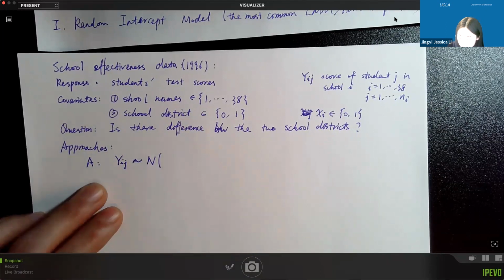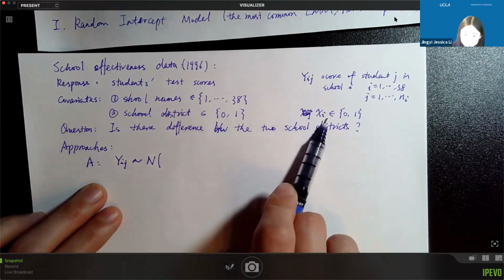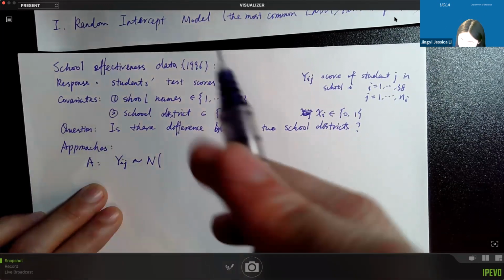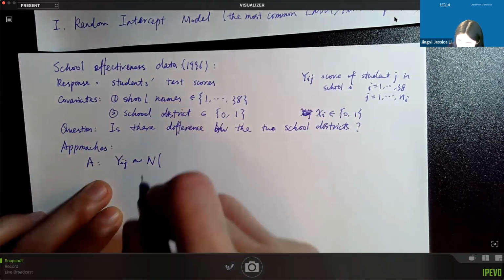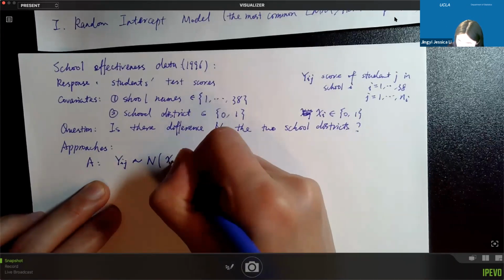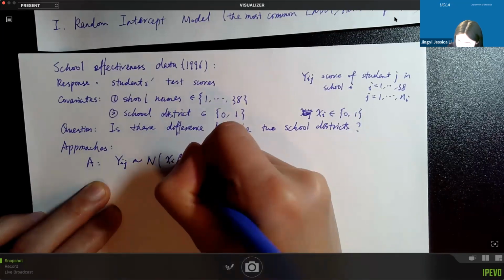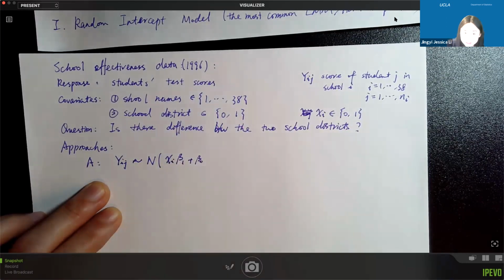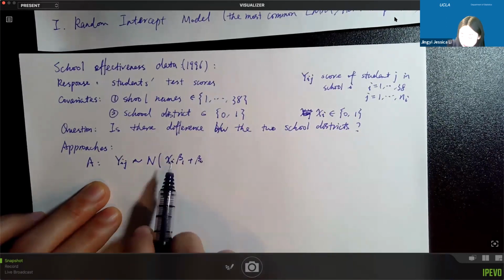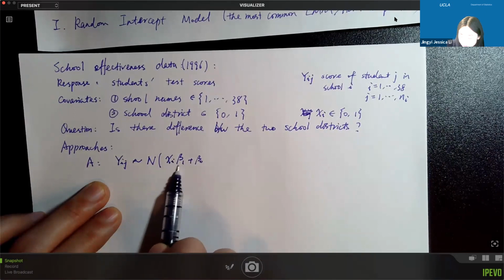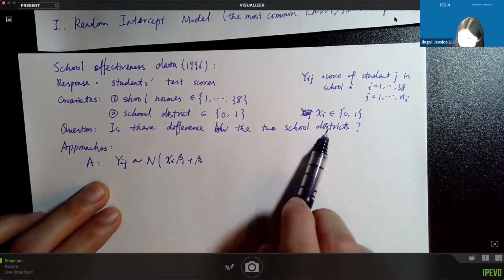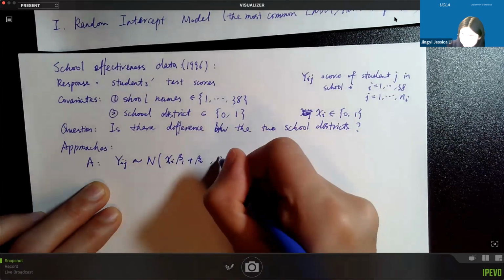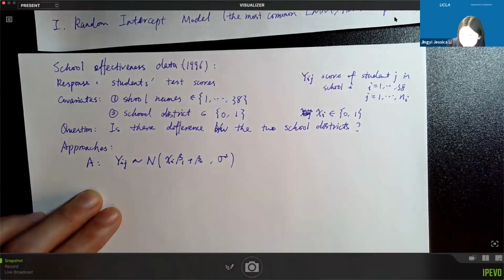Assuming a normal distribution with the mean depending on the school district, so Xi beta 1 plus beta 0. So I have a common intercept, and this is the additional intercept change related to the school district, and sigma squared. That's approach one.